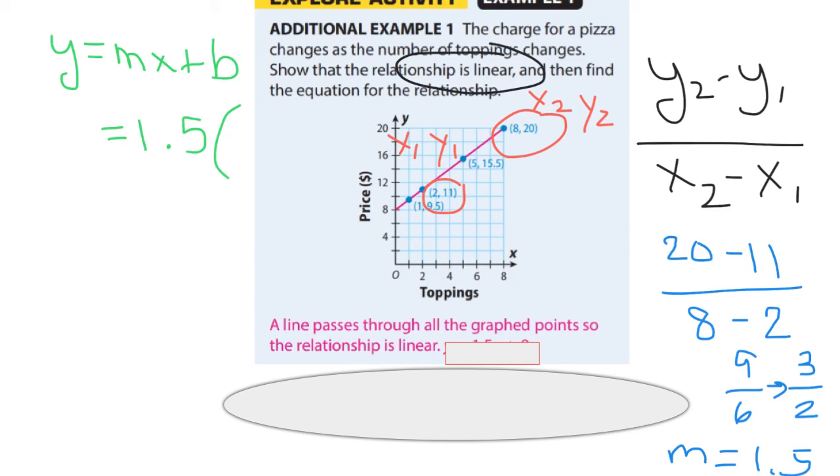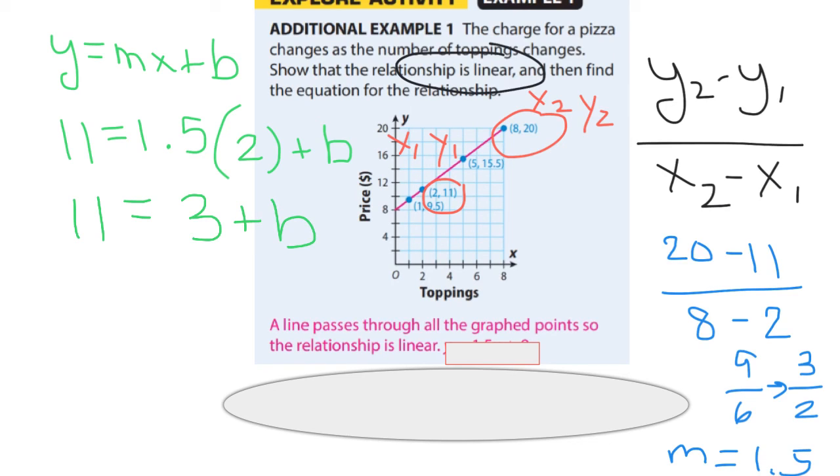But again, I'm going to avoid the decimals, and I wanted low numbers. I'm going to use (2, 11). My x is 2, my y is 11, and finding b. So let's multiply 1 5/10 times 2, which would give you 3.